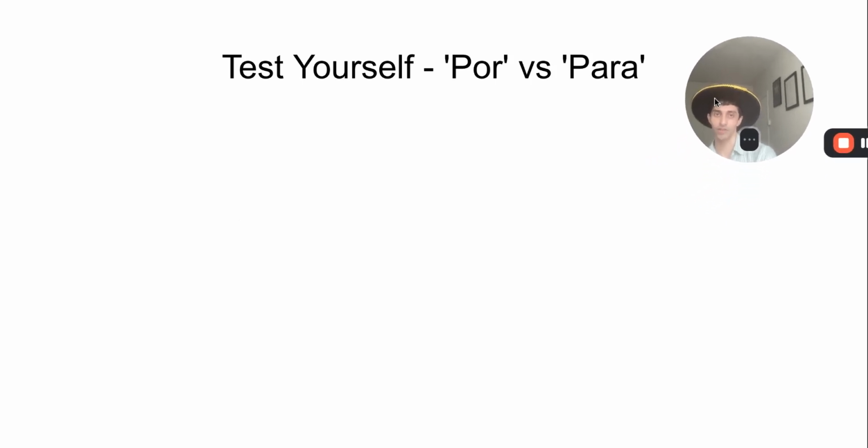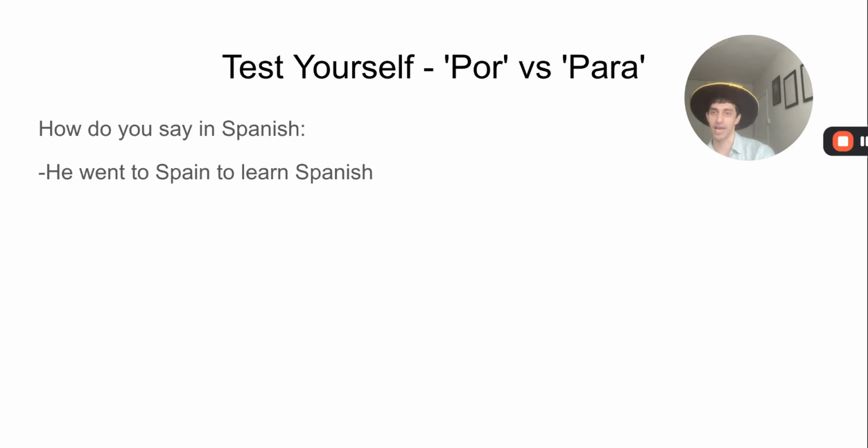Okay, now hopefully you've absorbed all of that. And now you can test yourself to see if you really did absorb it and how much. So we have a mini test with some sentences to translate from English to Spanish. Each of those sentences will contain either por, para, or both. So question number 1. How do you say in Spanish, "he went to Spain to learn Spanish"?